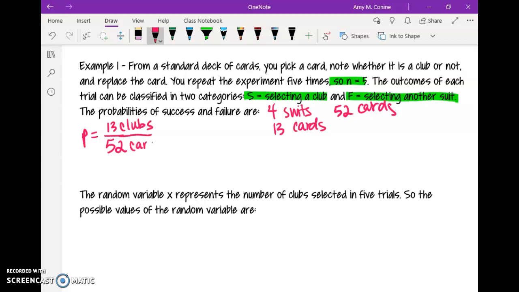And you have 52 cards total. So that means 1/4 of them are clubs. So the probability of getting a club is 1/4. And then the probability Q, our probability of failure, the probability of not getting a club, would be 3 out of 4. Okay. So remember, Q is 1 minus your P. So 1 minus 1/4 is 3/4.